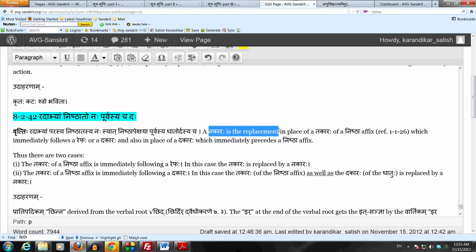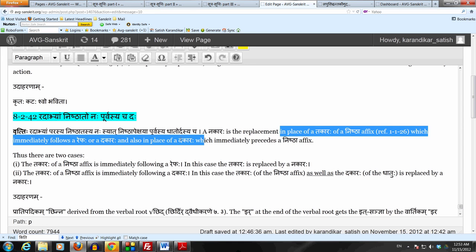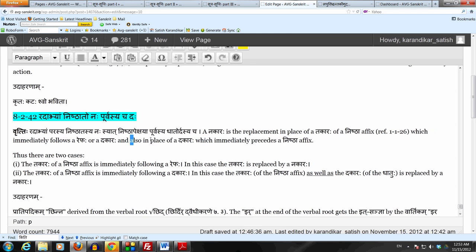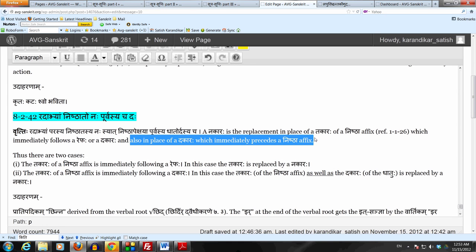But in the first operation, the sthani, the item to be replaced, is the takaraha of the nishtha pratyaya itself. In the second operation, the term to be replaced is the dakaraha, the third letter of the ta-varga, which is preceding the takaraha of the nishtha pratyaya.